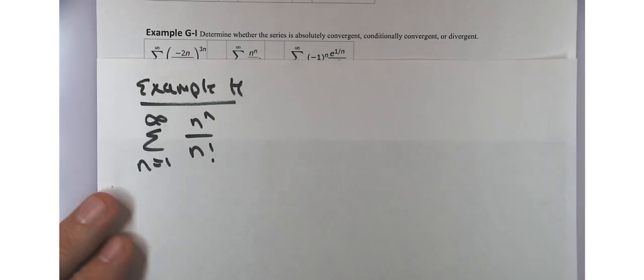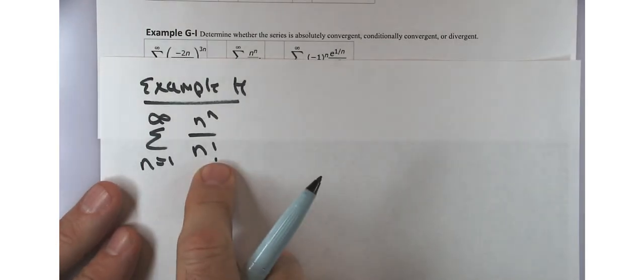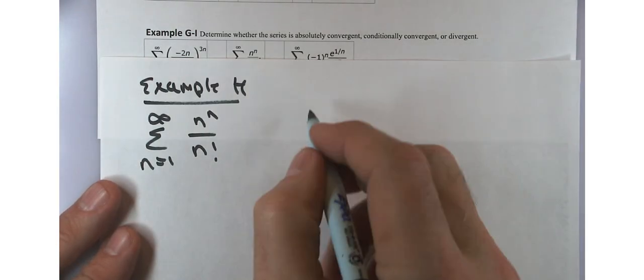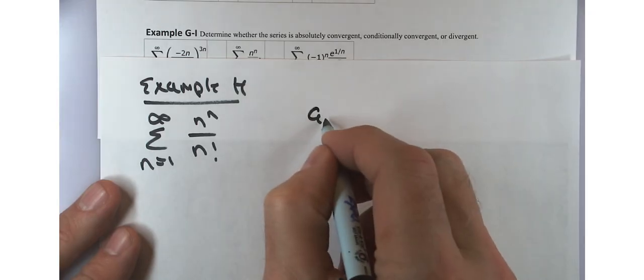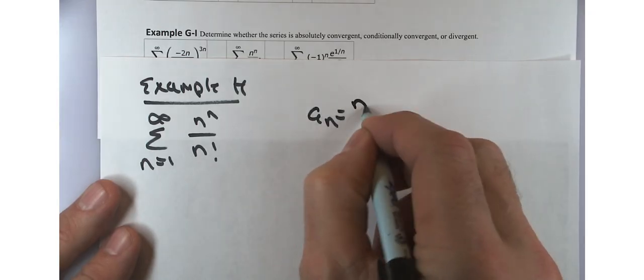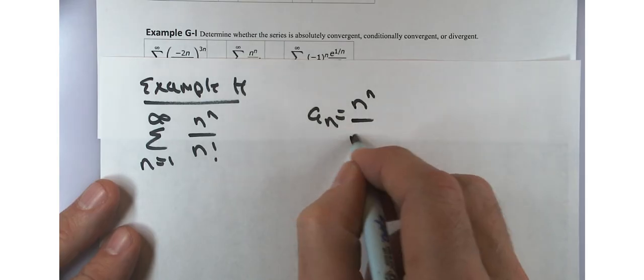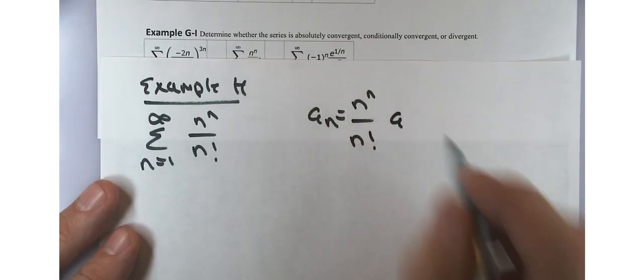This one is kind of urging us to do the ratio test because of the factorial there. So a sub n is going to be n to the n over n factorial. Try and figure out what a sub n plus 1 is going to look like.